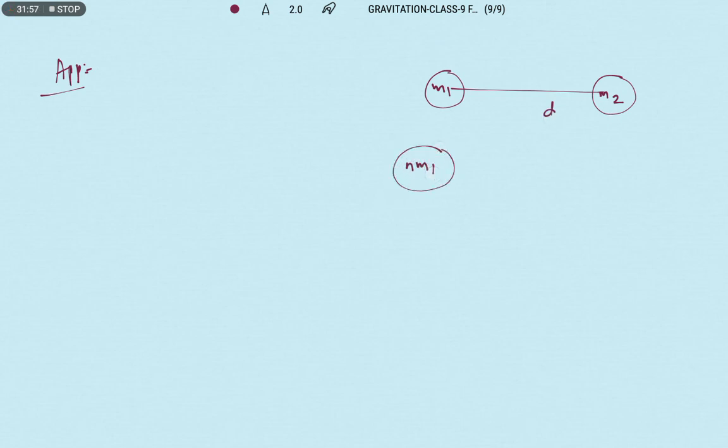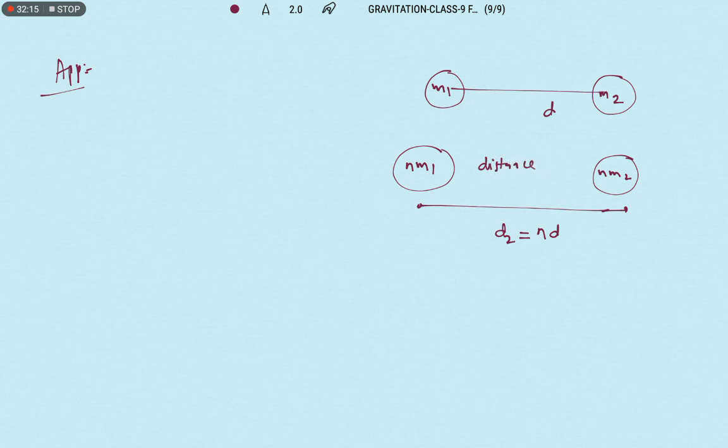So this is n times of m1 and this is n times of m2, and the distance between them increases by n times of distance.